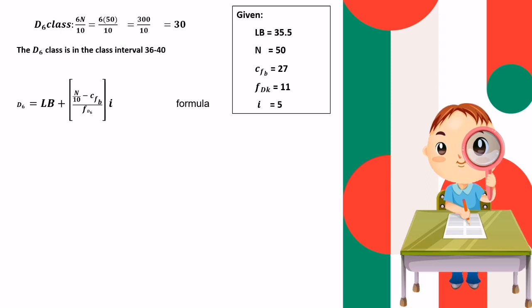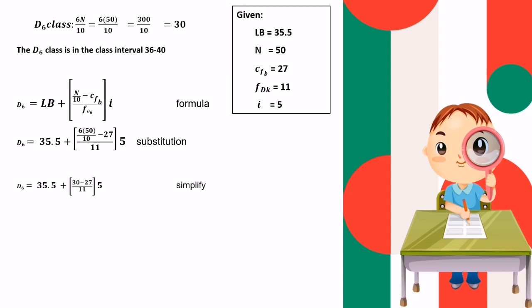And then let's substitute the givens. So for our LB, let's substitute 35.5. And then for our K, substitute 6. The K is 6, and then the N is 50, all over 10 minus CF sub B, which is 27, and then over F, which is 11, and then the I is 5.